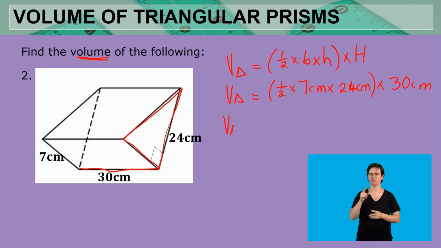So what is the total volume going to be for this triangular prism? That is 1/2 multiplied by 7 multiplied by 24, and we're going to multiply all of that by 30, and that will give us an answer of 2,520 centimeters cubed. And that is the volume of this prism.